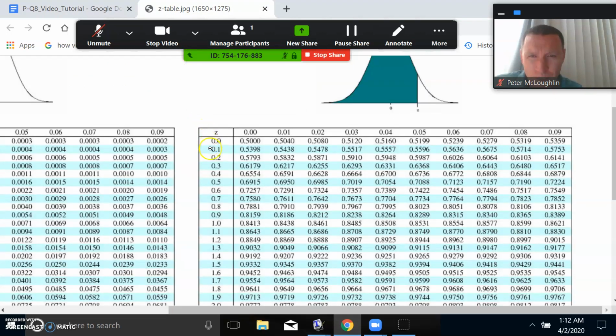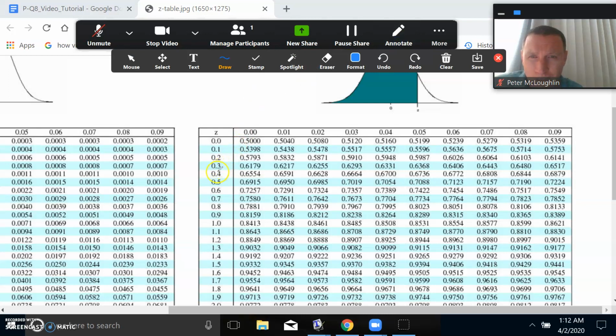So you look at 0.4 going down, then go across, and the next number is 0, so it's 0.40. That's the number we're going to use.